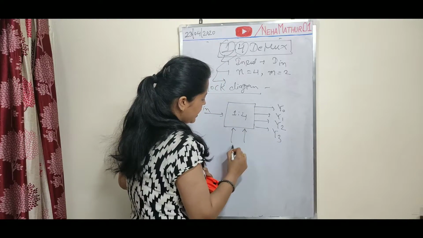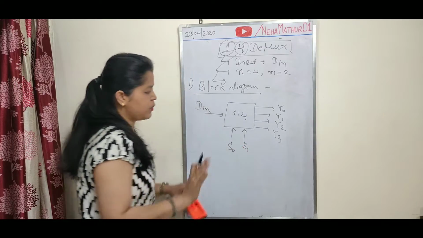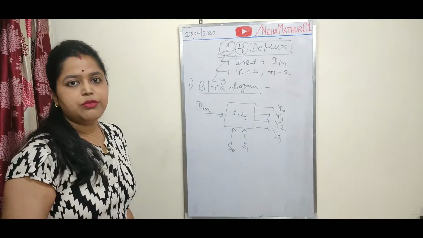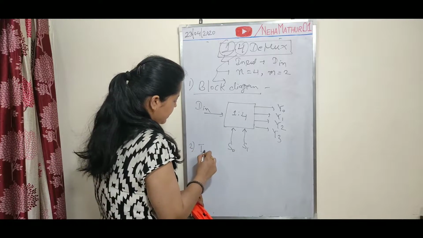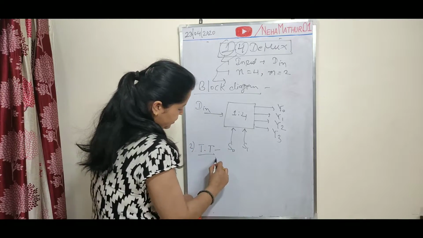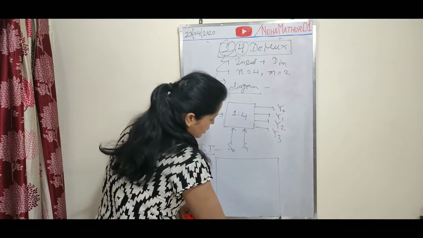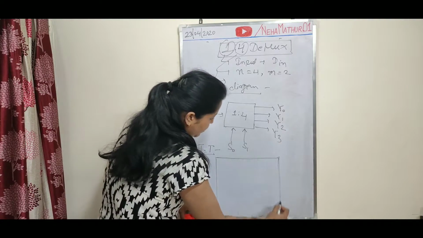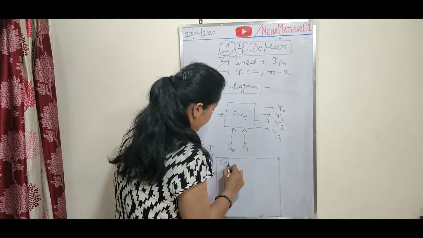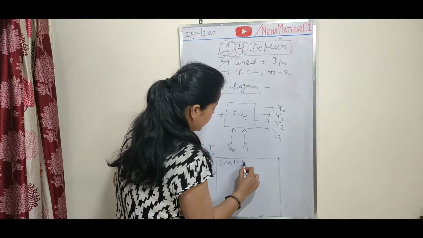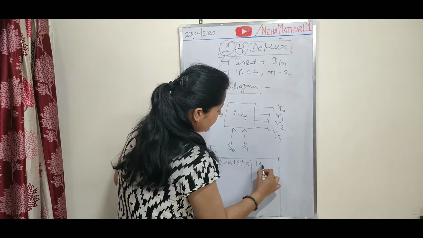For 2 selection lines, I am using S0 and S1. This is the block diagram for 1:4 demultiplexer. Now the next step is its truth table. Truth table to get output with the help of input binary combinations. So it will be between select inputs and outputs.